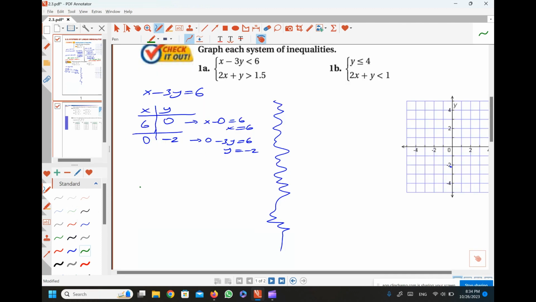Since the inequality is less than, we have to use dashed line. And the region we should shade, we can decide this by using a test point. Remember, we pick a point and try it in the original inequality. (0, 0) is the easiest one.